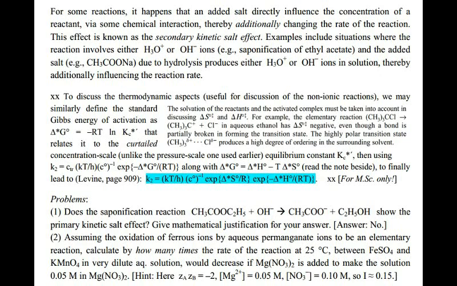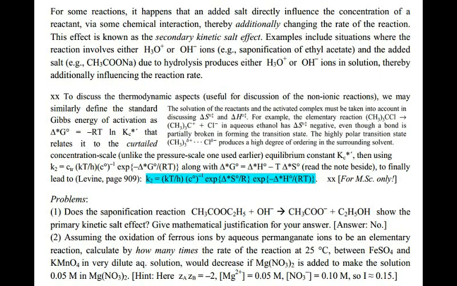Suppose in a situation we have hydroxide ion, OH minus ion. Suppose saponification of ethyl acetate. Ethyl acetate ester will react with hydroxide ion of sodium hydroxide. In that case, if we add sodium acetate, then because of hydrolysis, it will slightly produce some OH minus ions.